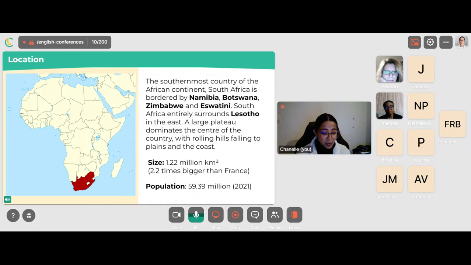The size of South Africa is approximately 1.22 million square kilometers. So if you imagine, that's almost 2.2 times bigger than France, with a population currently of 59.39 million people. I think as of 2023, it's close to 62.